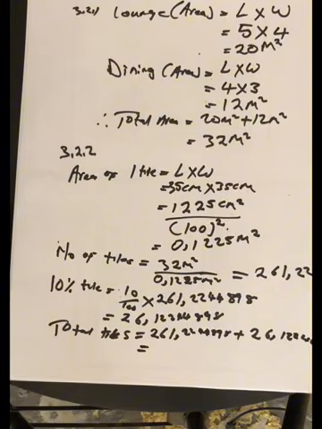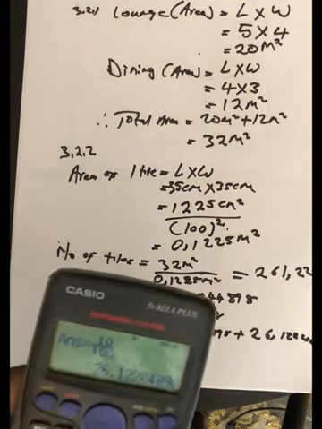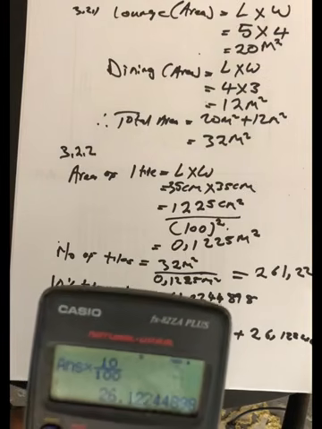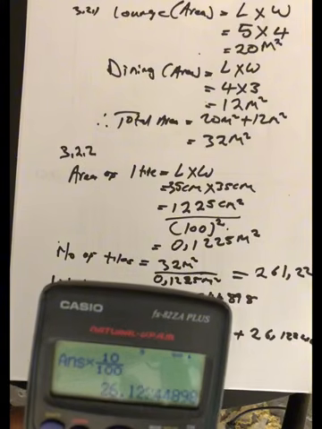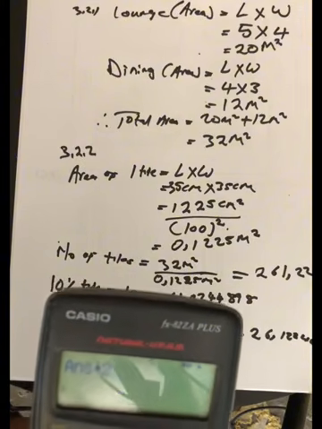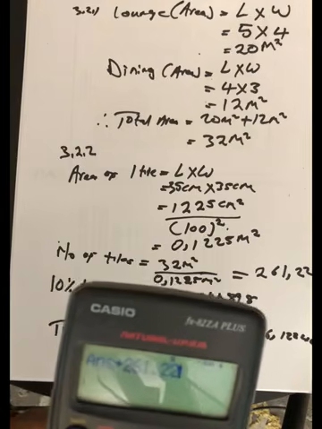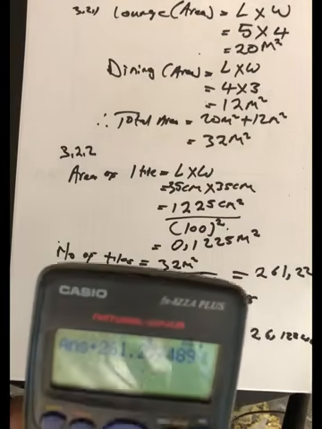Then the answer, when we add everything here: this is the previous answer, and this is the 10% of the tiles that need to be added. Let's add this to the previous answer, 261,2244,898.